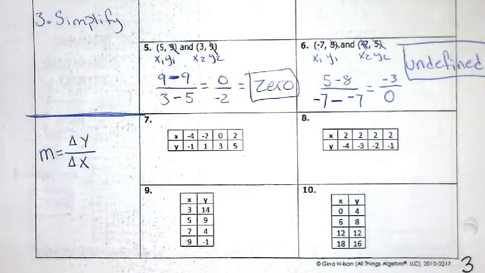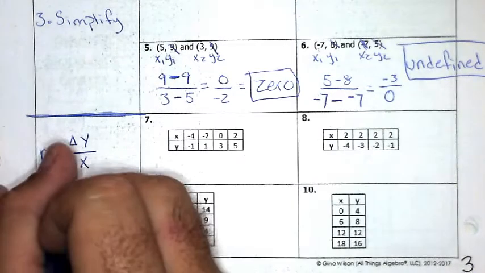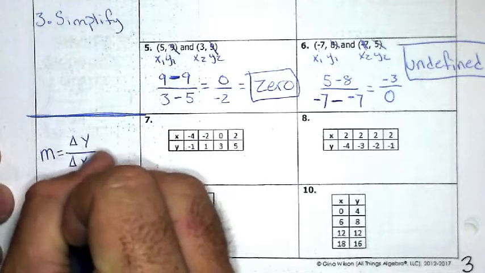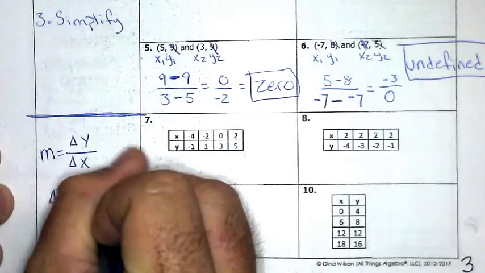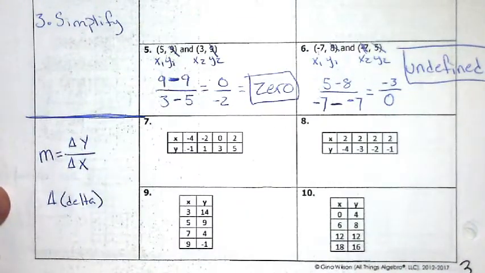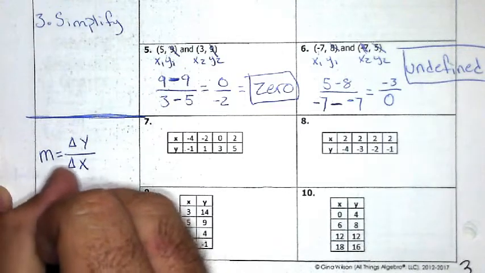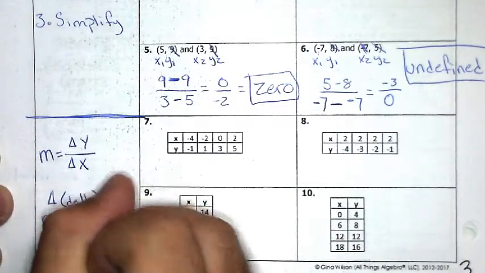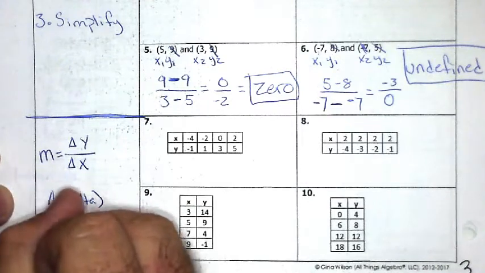Now, we use this word / symbol delta to mean the change in ... Now, I'm putting ... because it's whatever comes after it.